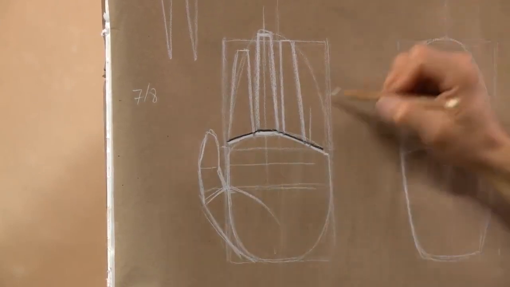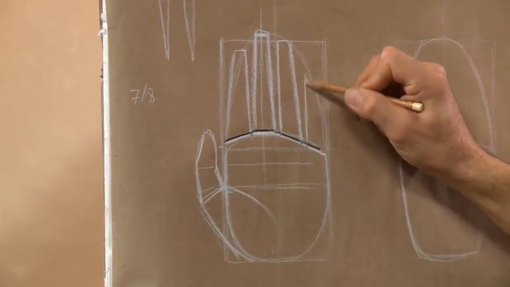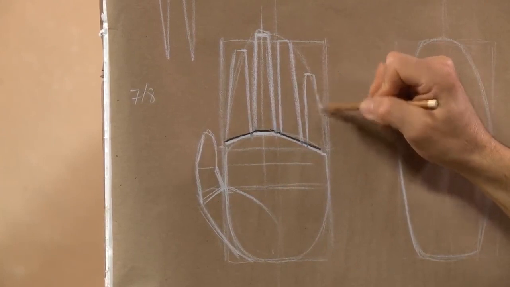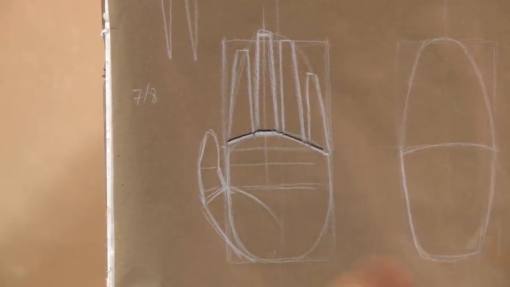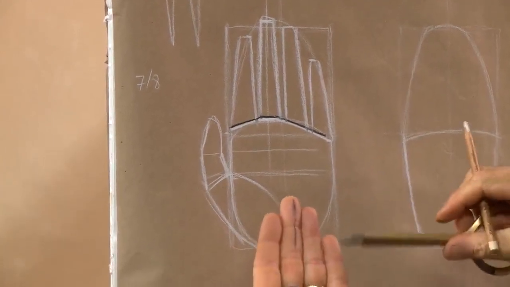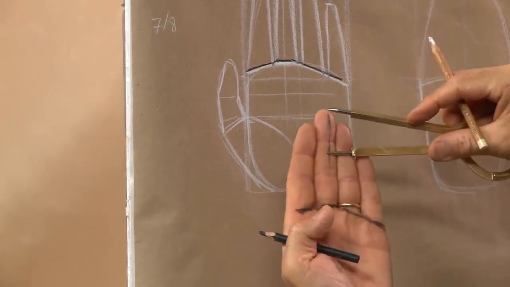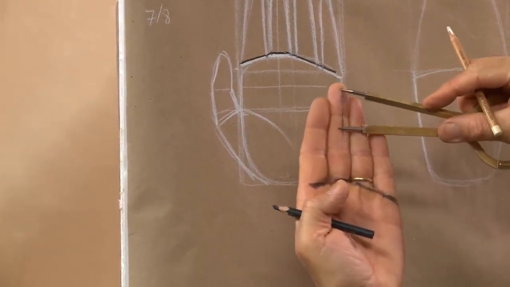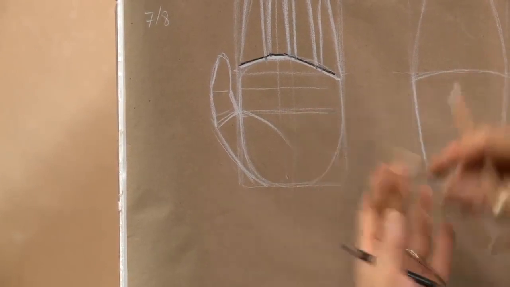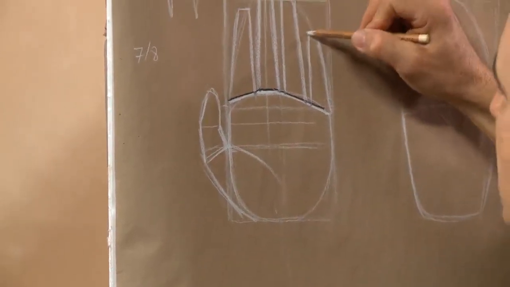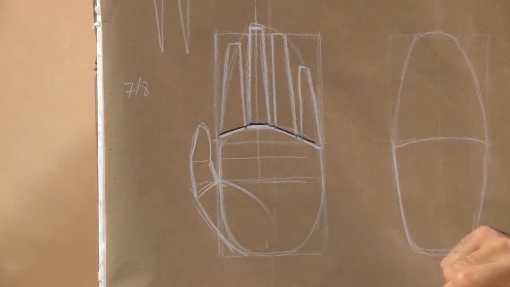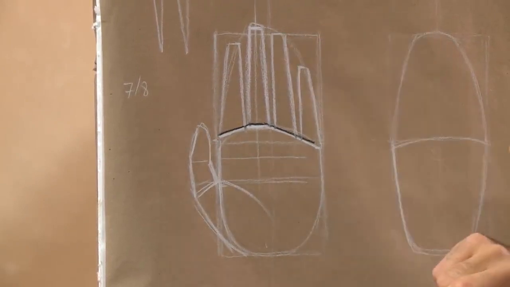Okay? The pinky is going to be the shortest, as we all know. So I'm going to position the pinky in here, and the pinky can be actually more than a phalanx shorter than the longest finger. See, this is a phalanx. This is 1.5 shorter. So make it noticeably shorter than the middle finger.